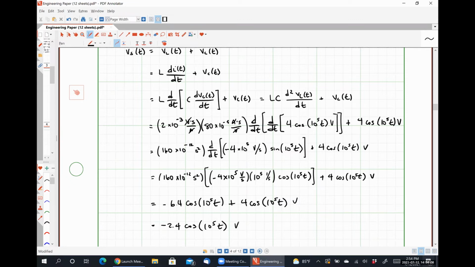So for this particular problem, what do you guys feel was the hardest part of this problem? Algebra. Algebra, okay.